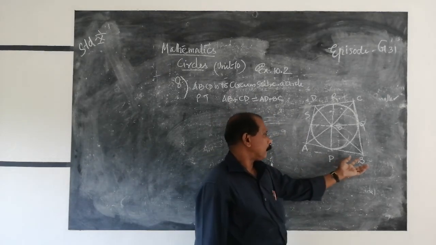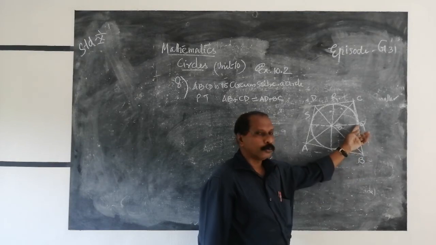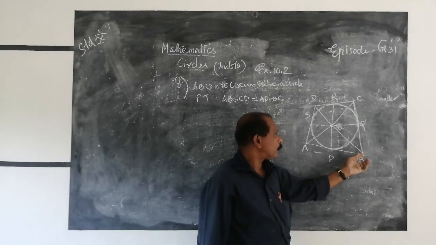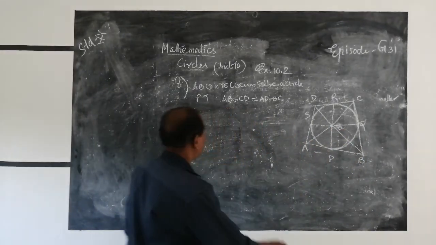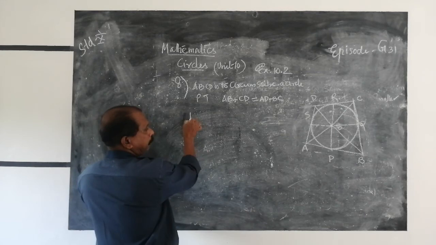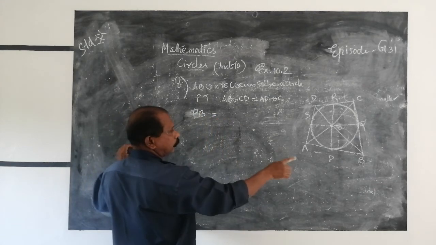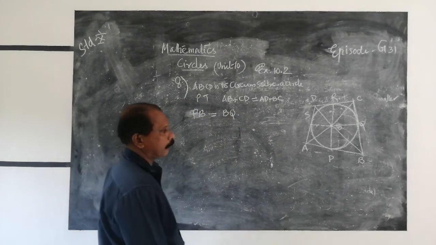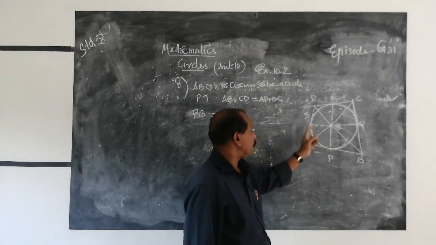We know that PB and QB are the tangents to the circle from B. Therefore, we know that BP is equal to BQ. Similarly, AP is equal to AS.